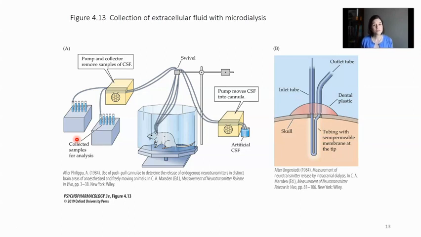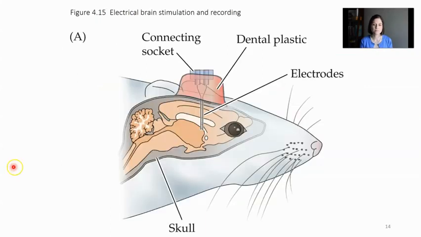And we could also give a drug and then examine how change in a particular neurotransmitter is occurring when that drug is given. So an example of this would be in the dopamine system, where microdialysis has been very foundational in understanding that all drugs of abuse cause increases in dopamine release in certain areas of the brain.